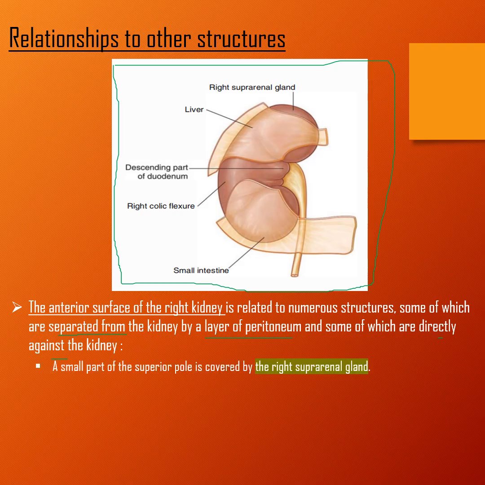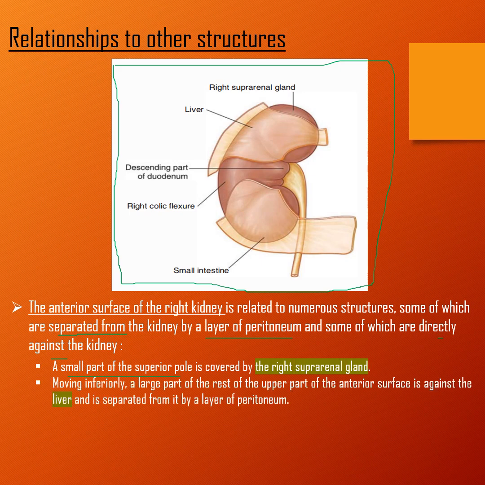A small part of the superior pole is covered by the right suprarenal gland. Moving inferiorly, a large part of the rest of the upper anterior surface is against the liver and is separated from it by a layer of peritoneum.